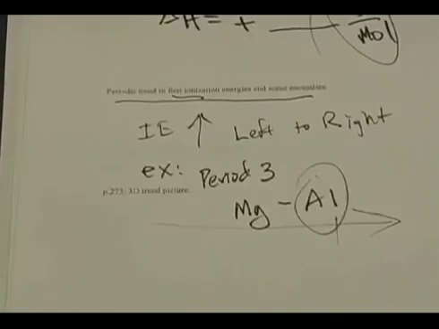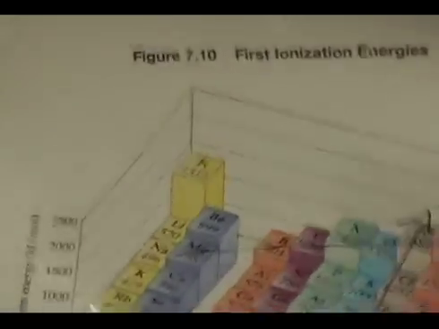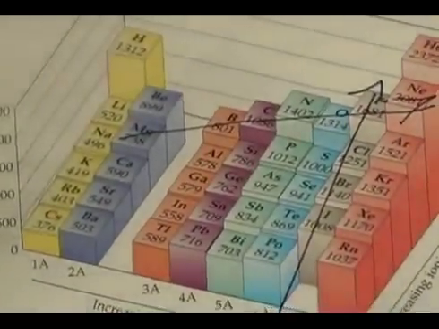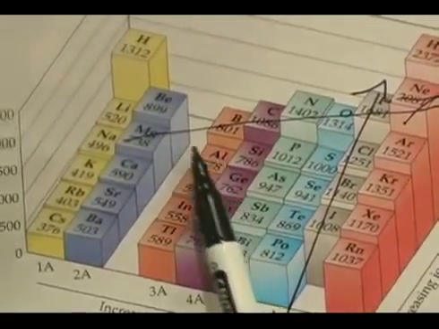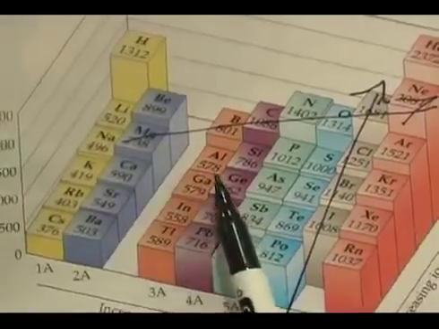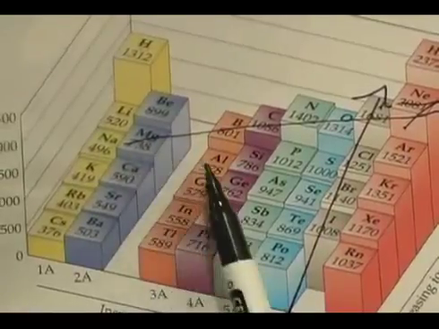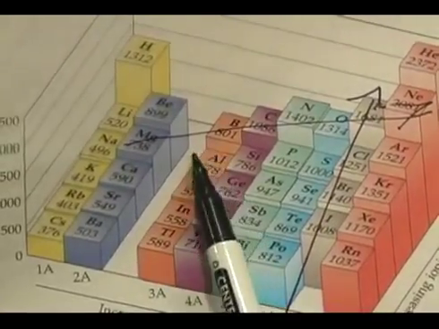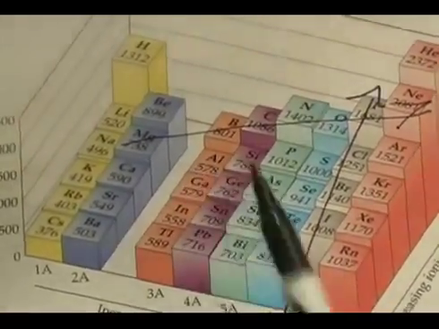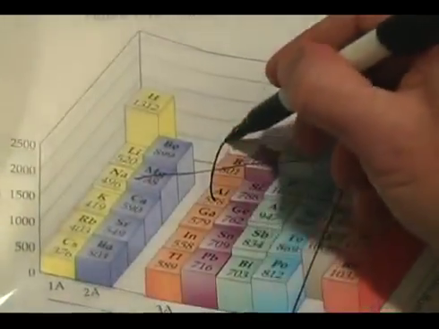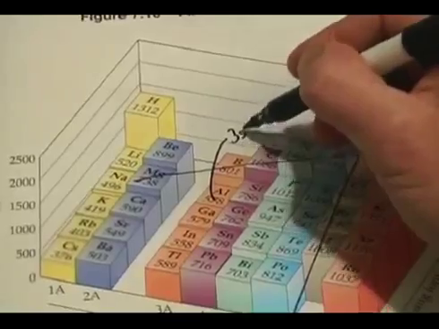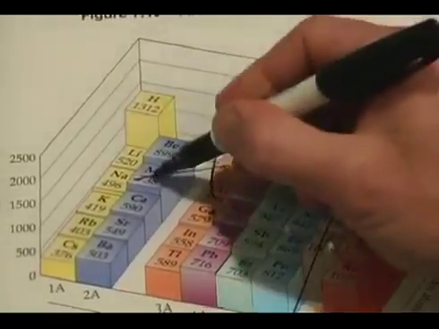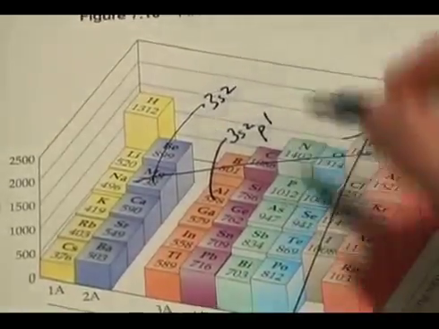If you look on your periodic table, you can see that aluminum right here has a lower ionization energy than magnesium, 578 versus 738. The reason is that aluminum has an outer electron configuration of 3s2 3p1, whereas magnesium was just 3s2.